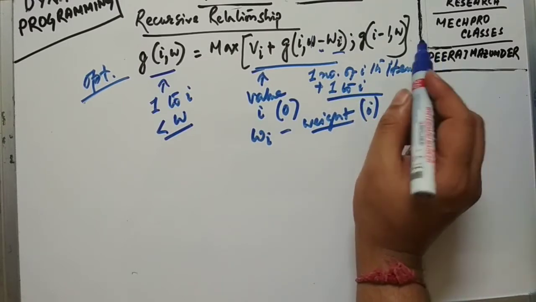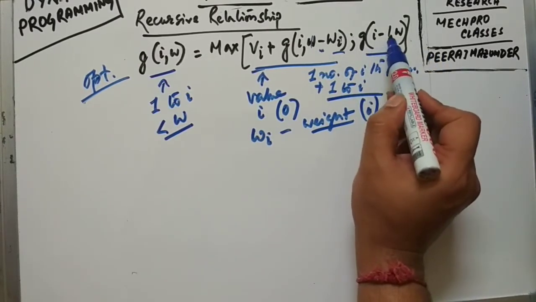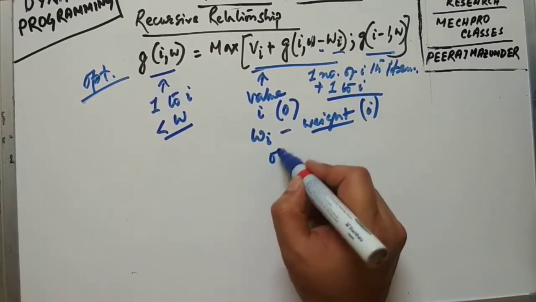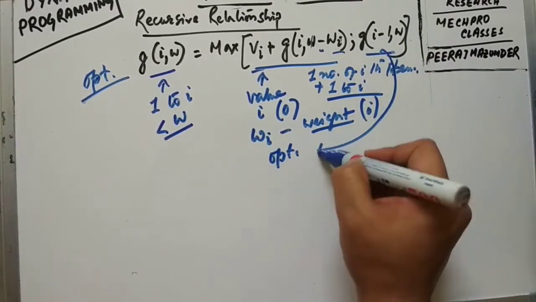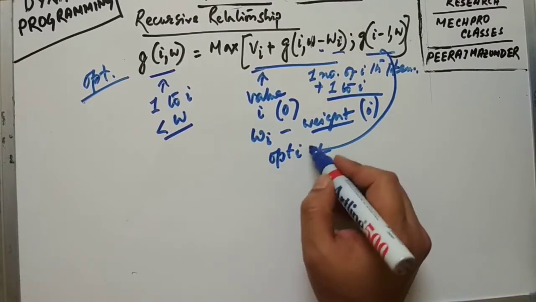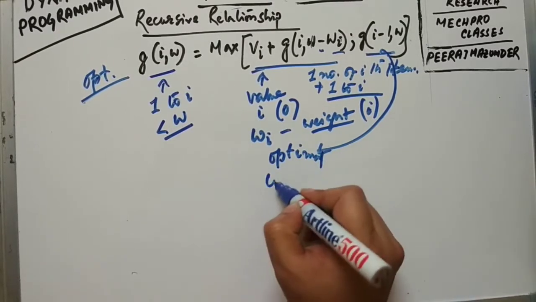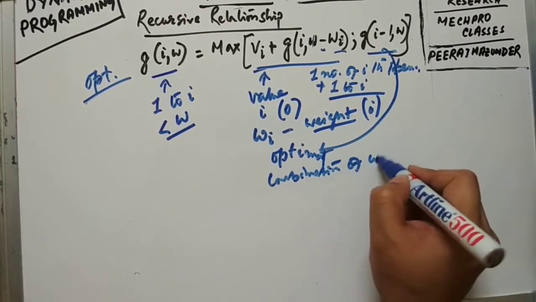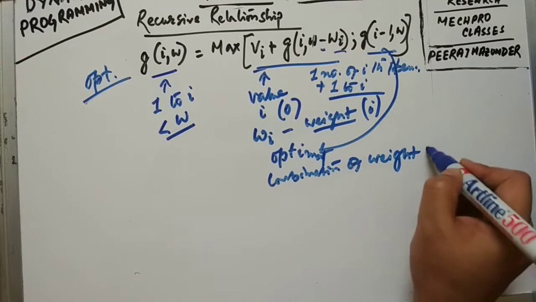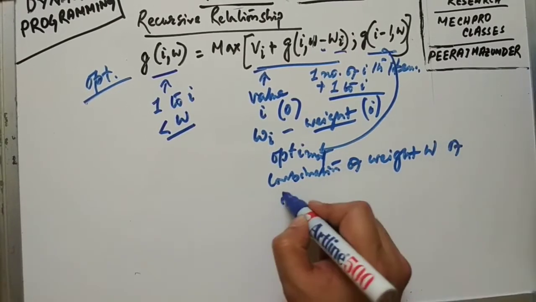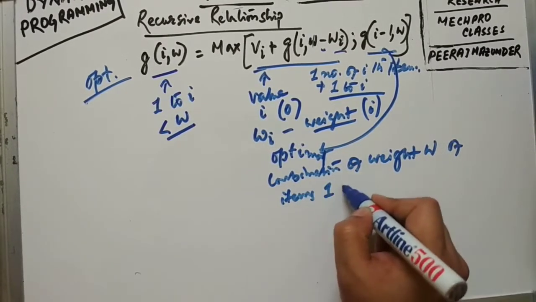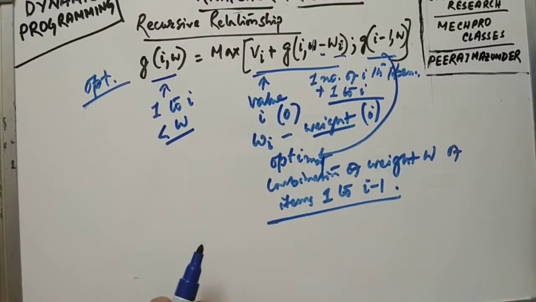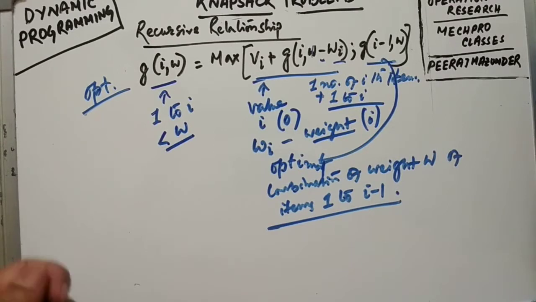And this one, g(i minus 1, w), is the value of the optimal combination of weight w of items 1 to i minus 1. So this is the recursive relation. Let us now see a problem.